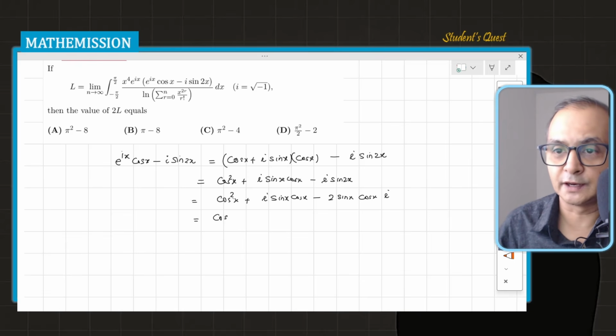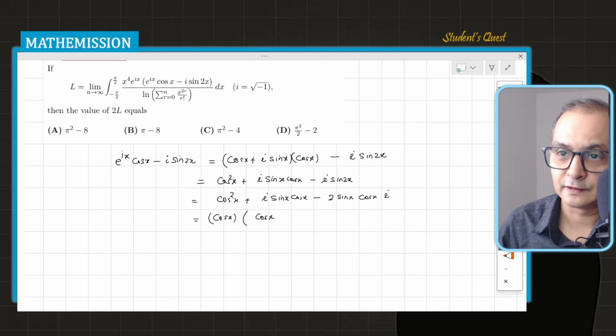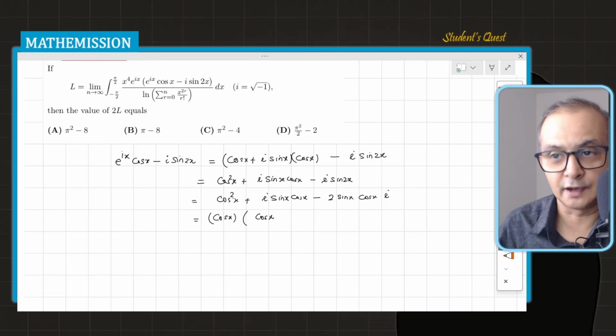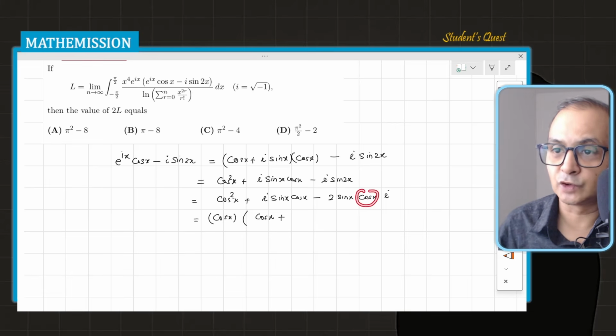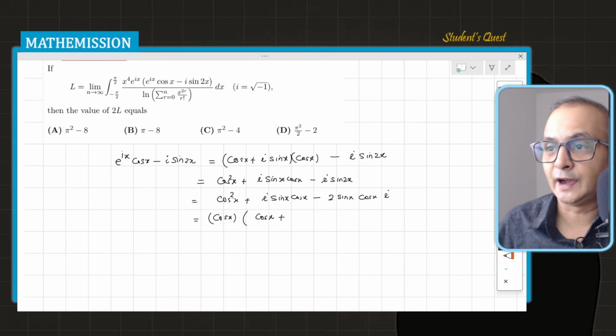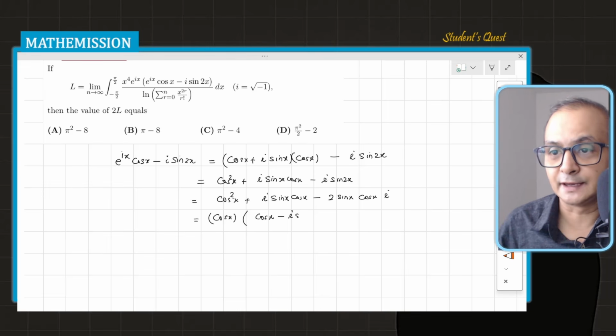So we get cosine x out, and I'm getting here cosine x, which is independent of i. And from these two terms, I have already taken the cosine x common. So I'm left with i sine x minus 2i sine x. So i sine x minus 2i sine x will give you minus i sine x.